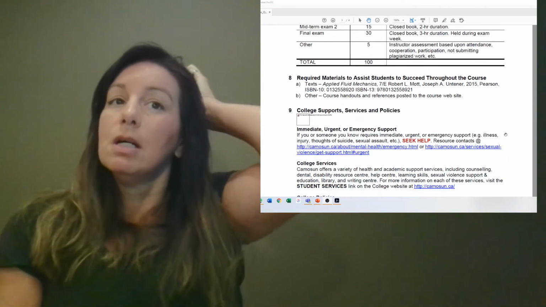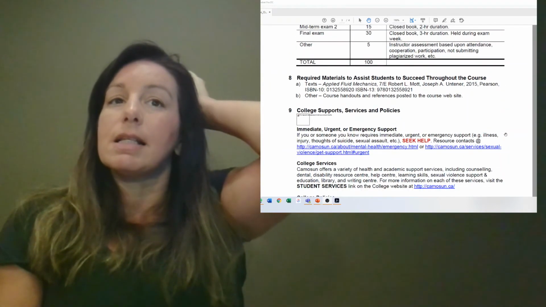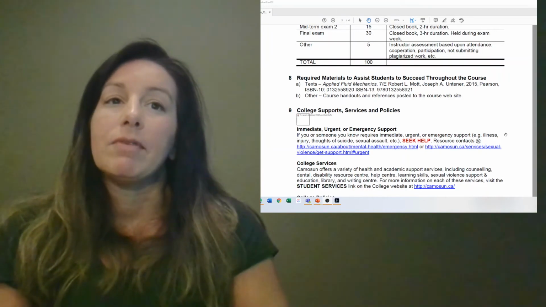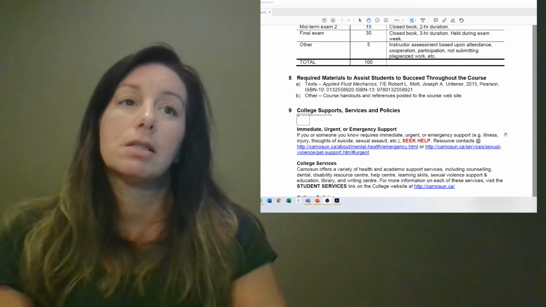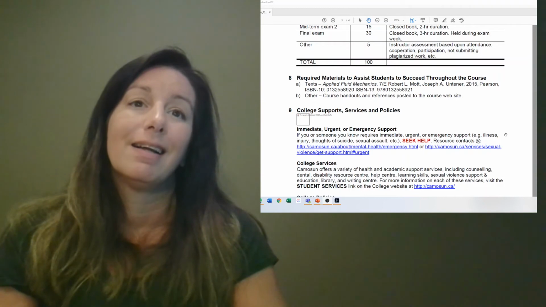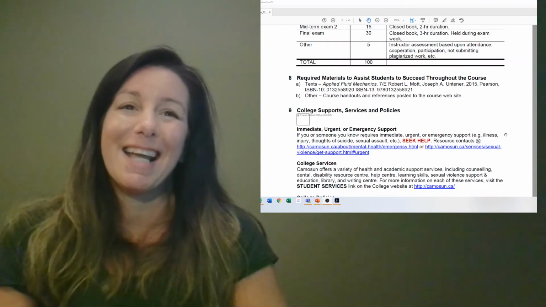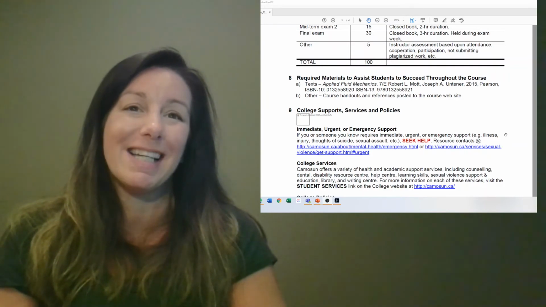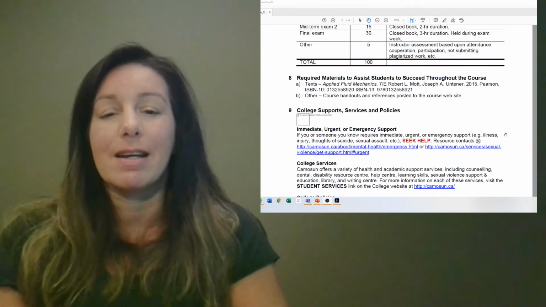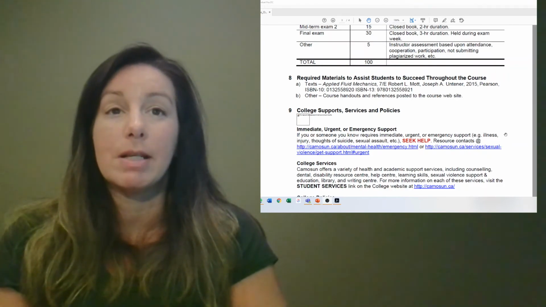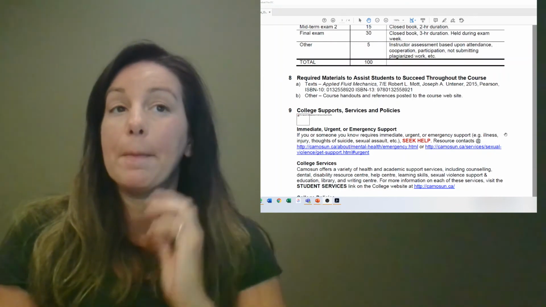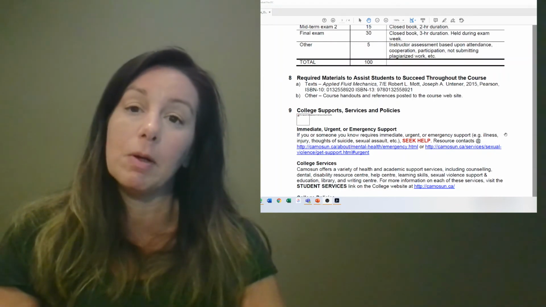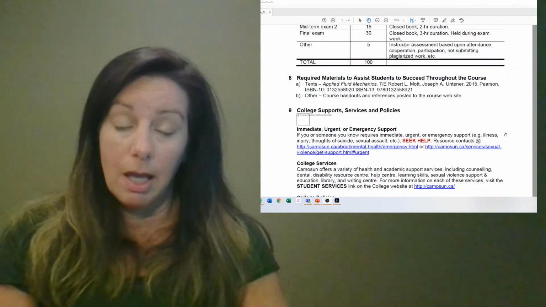Textbooks. The text is Applied Fluid Mechanics, 7th edition, Mott. Same book I had when I was taking this course. Don't ask me what edition it is, I have no idea. I understand that there are some physical copies of this available in the bookstore at Camosun Interurban Campus if you need them.